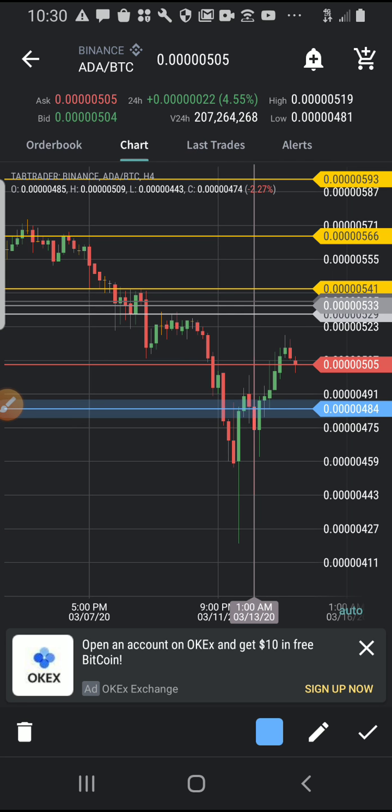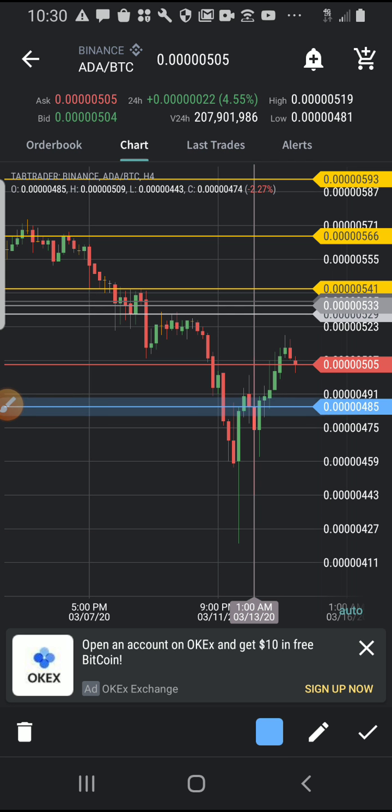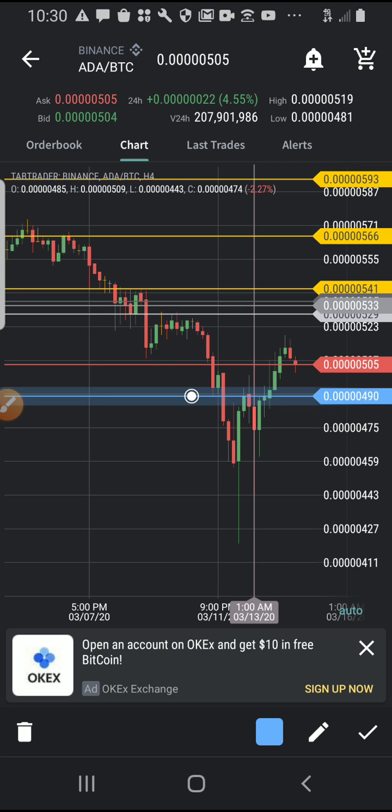We might want to wait for ADA here, at the 486 or 485 region. That's likely where ADA might get to, or ADA might actually stop at 490 and reverse, and we see if we are going to break this resistance. So now if we get to a support, around this price level, we can say we want to buy ADA.